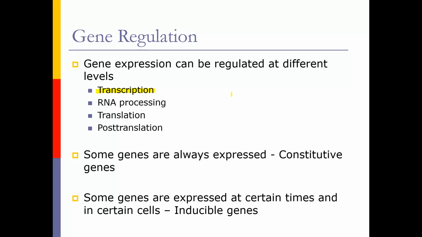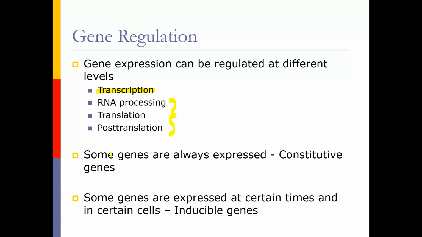Most of the time, the majority of your regulation is during the process of transcription. However, it could be regulated based on how we process that RNA, those edits that we make. It could be regulated at the translation stage, or it could be regulated after translation when we actually have our protein, and it could come down to how we modify our proteins.